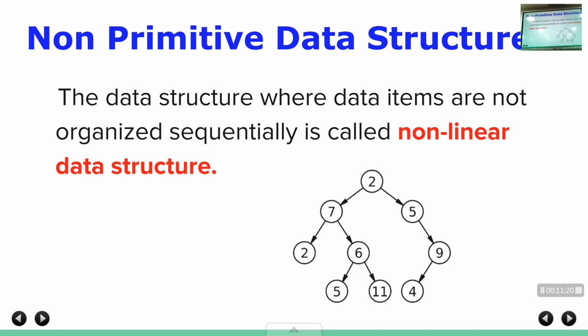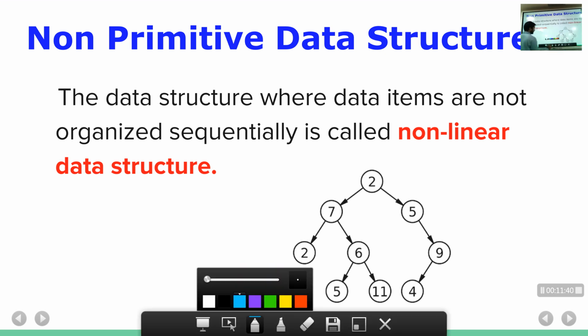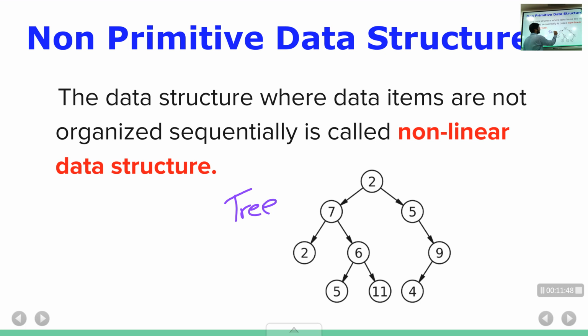Non-primitive data structures are also divided into non-linear data structures. A non-linear data structure is a structure where the data items cannot be arranged linearly or sequentially. For example, here you can see that this is a non-linear data structure. This is an example of a tree data structure. This is your root node and the elements are connected at the next level.